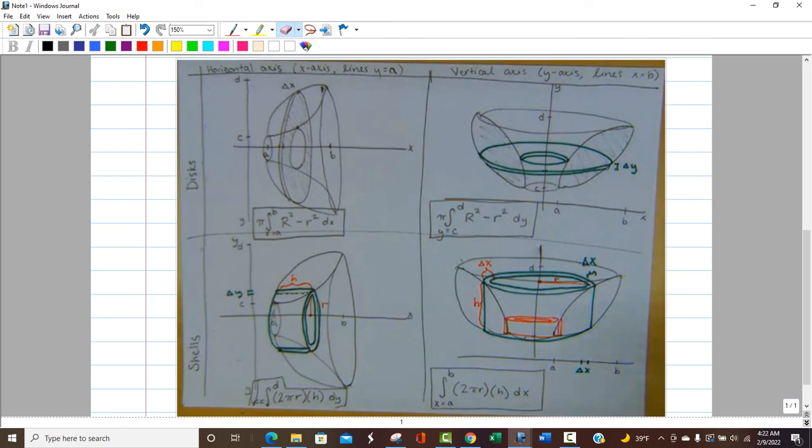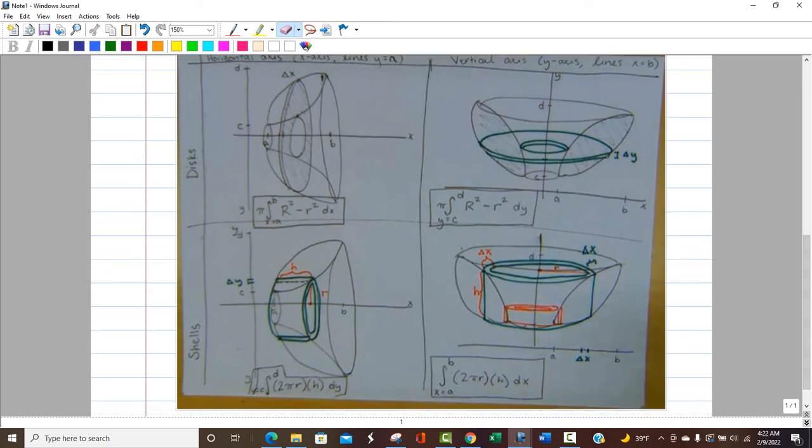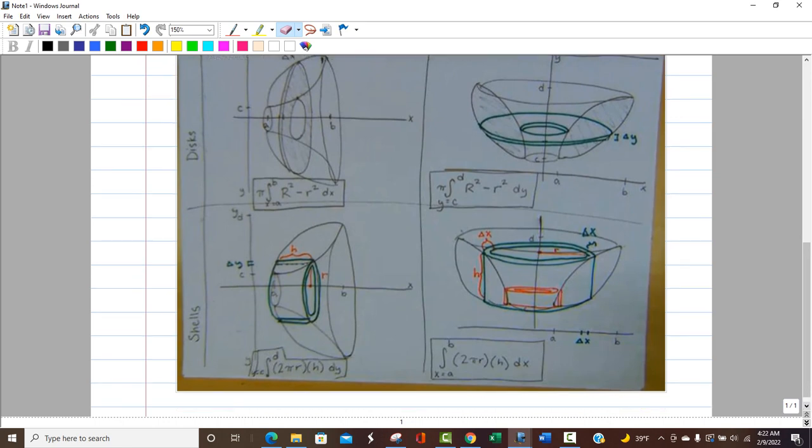Now the same problem using the shell method. You see the thickness of the shell this way is vertical, dy, versus that one's horizontal for the disk. So we now have, simplified basically, 2 pi r times h.